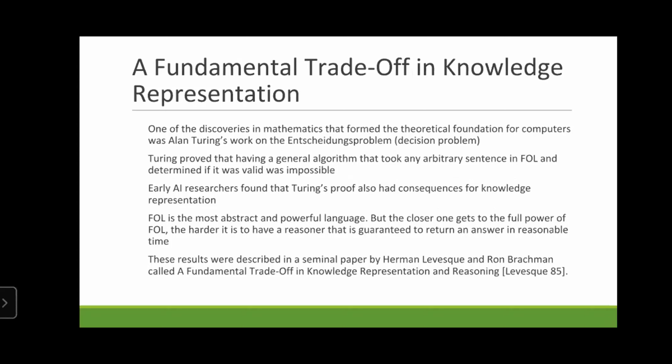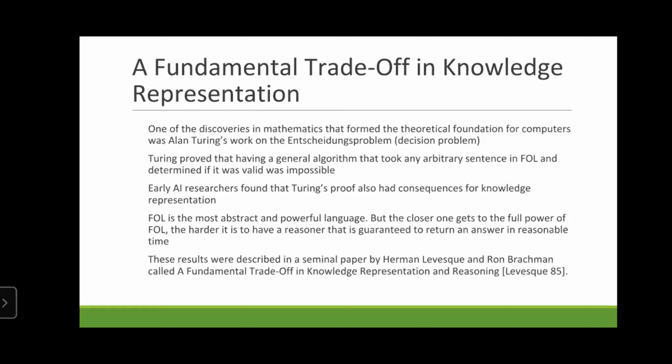What Turing was working on was trying to find an algorithm such that you could give that algorithm any arbitrary sentence in first-order logic, and it would return an answer whether the sentence was valid or invalid. And people thought that such an algorithm probably existed because there was a subset of first-order logic called propositional logic that had existed for a long time.